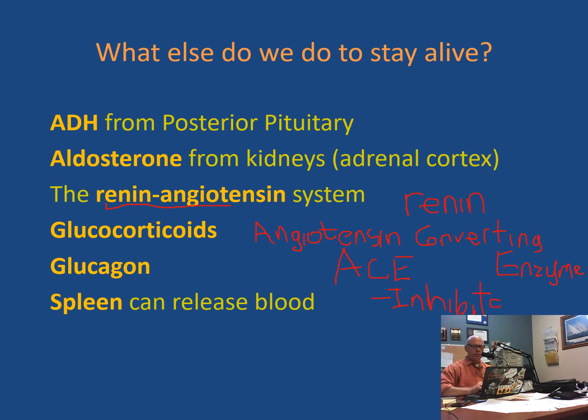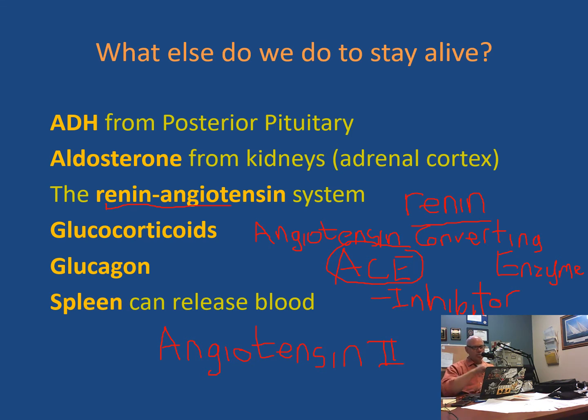And so here, while we're talking about the renin-angiotensin system as it relates to shock, our kidneys will release renin. Renin will come across ACE, angiotensin converting enzyme, and that will give us angiotensin 1 and then angiotensin 2. When we have angiotensin 2, and we'll talk a little bit more about how this works in the future, that is a vasoconstrictor.